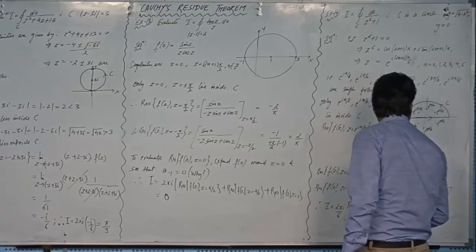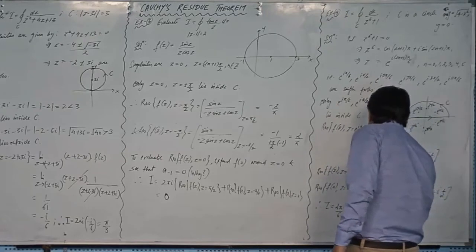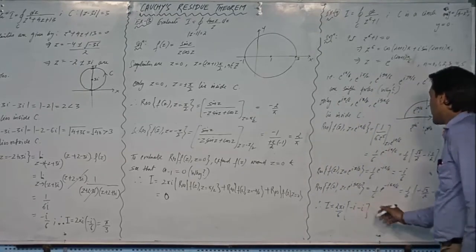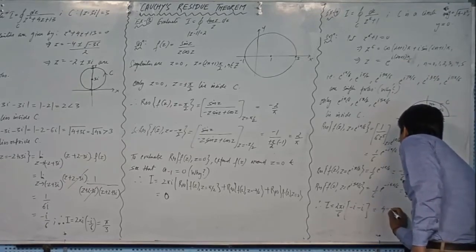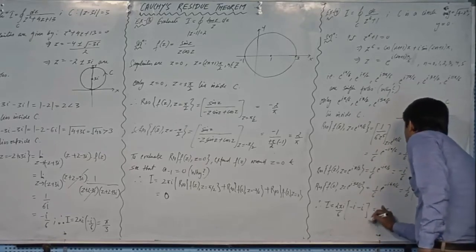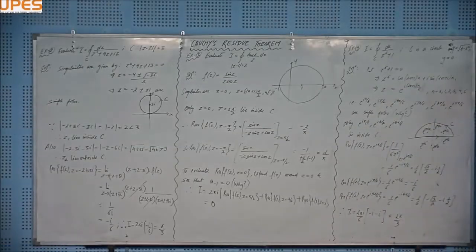It will give you minus i, and from here you will obtain minus i, right? And you will have minus 2i, right? And 4π, right? i squared will become minus 1. 4/6, 2/3, 2/3, right? So this is your answer, right?